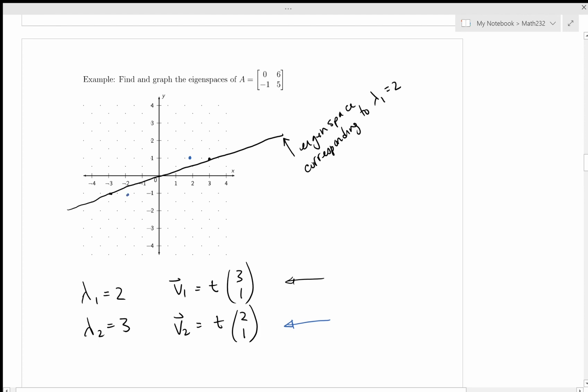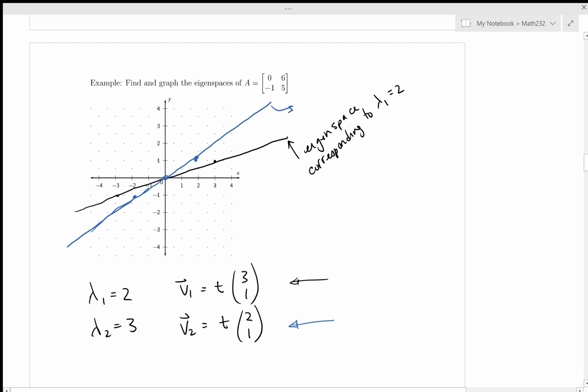So that's going to be like right here. And so I draw that straight line right there, coming through that point, and that point, and being a straight line. Okay, so that is the eigenspace corresponding to lambda 2 is equal to 3.